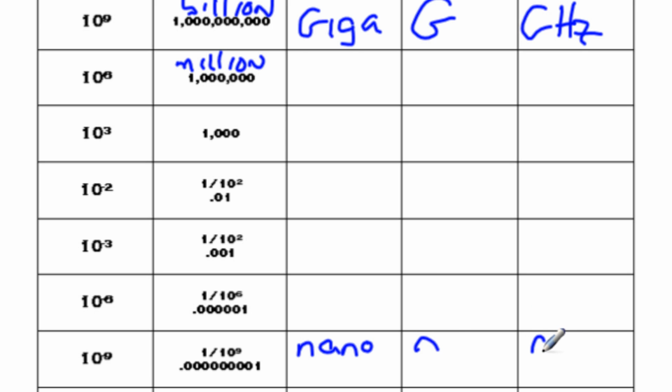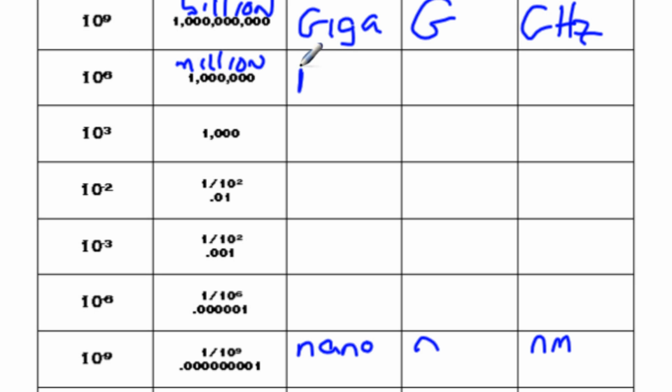For instance, distances can be in nanometers. The wavelength of visible light is on the order of 400 to 800 nanometers. You don't have to memorize that, just the powers, the prefixes, and the symbols.